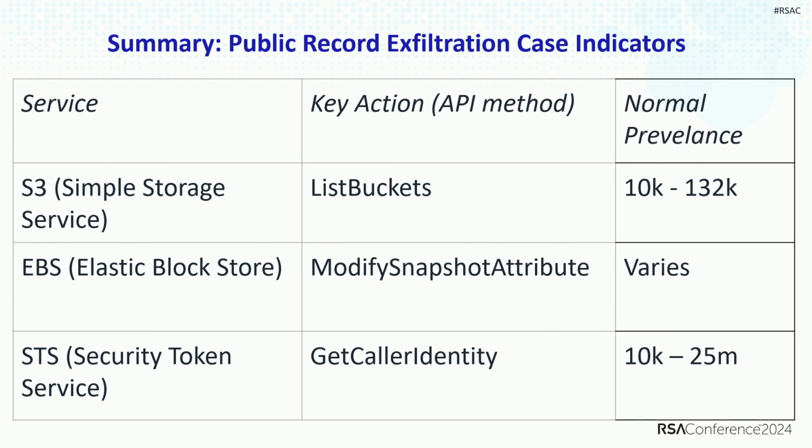The reason you can do that is because snapshot sharing in itself is not suspicious or malicious in any way. It's used sometimes to share images and data between different accounts, because teams will often each have their own account for reasons of sandboxing, so that a mistake by one team cannot affect another team and vice versa. So there tend to be lots of different accounts in many environments.